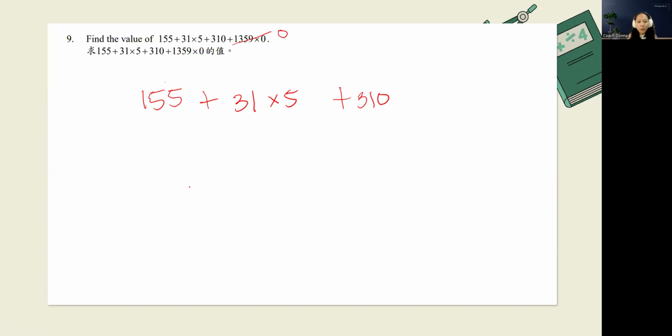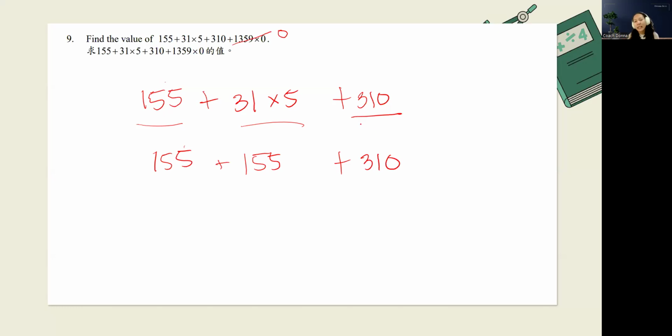So the next step would be we can express these numbers in terms of 155. 31 times 5 is 155. So let's change this. This is also 155. This is 310.